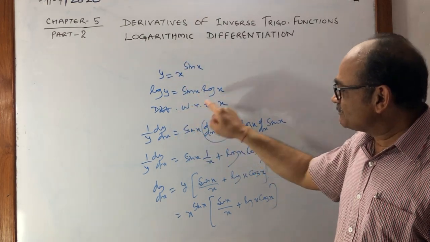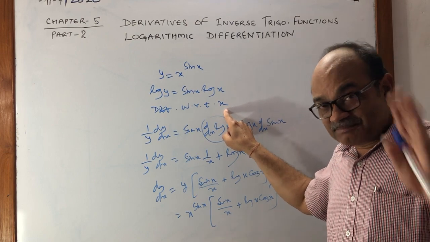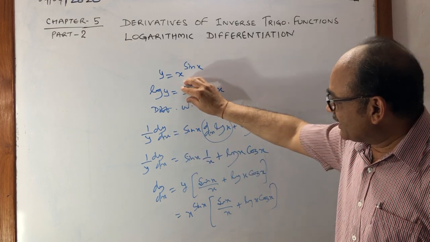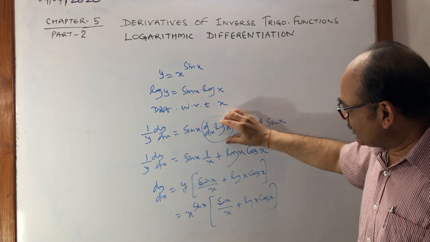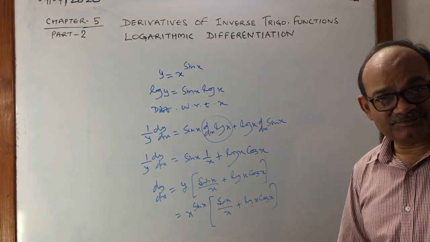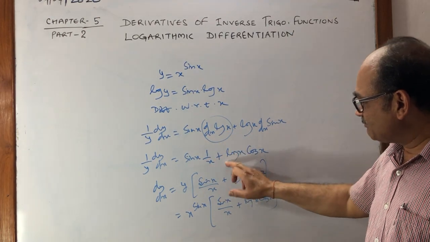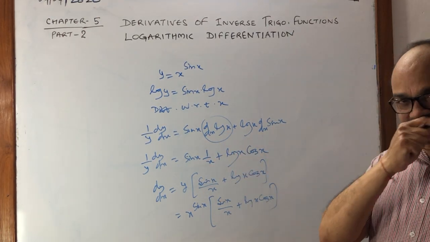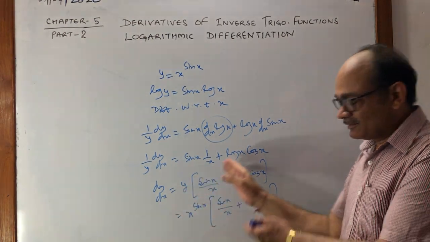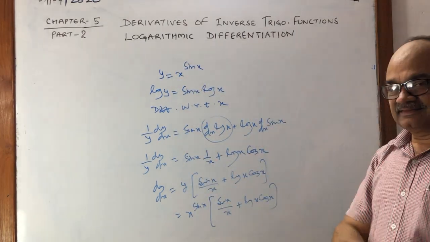Now differentiating with respect to x, implicit, 1 upon y dy by dx equals sin x constant, d by dx of log x, log x constant, d by dx of sin x. 11th class product rule. 1 upon y dy by dx equals sin x times 1 by x plus log x times the derivative of sin x, which is cos x. The last step, since y is in the denominator, it goes to the numerator. Y means the question, the answer.